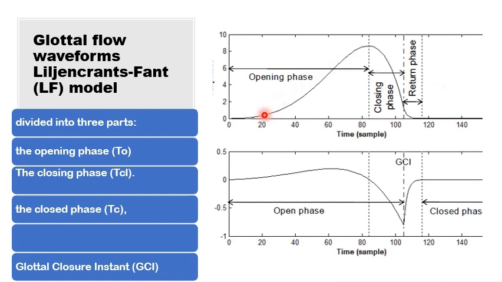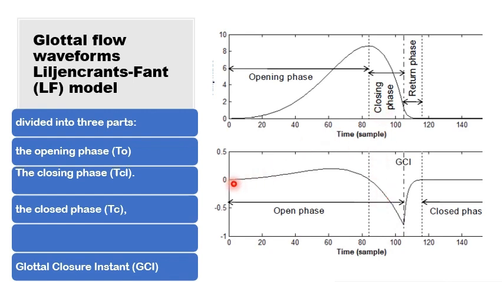It demonstrates the flow in terms of liters of air per second. The lower trace is the time derivative of the upper trace. It shows how the airflow accelerates or decelerates in time, in the corresponding time during the same vibratory cycle.